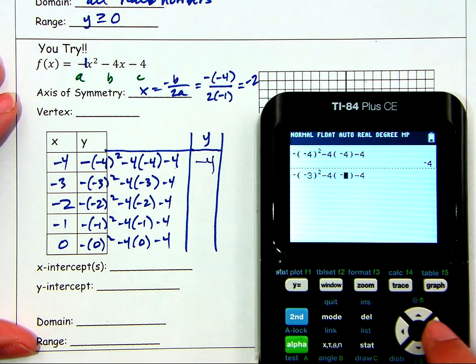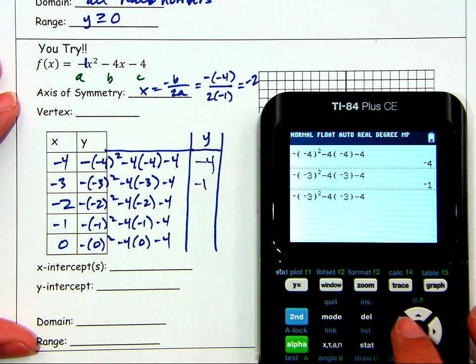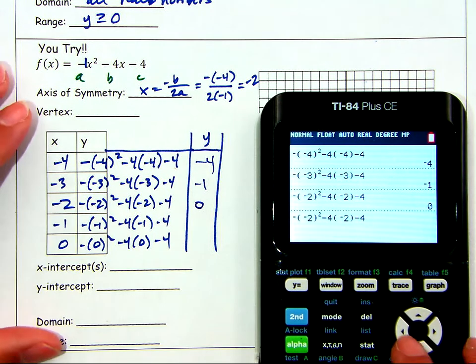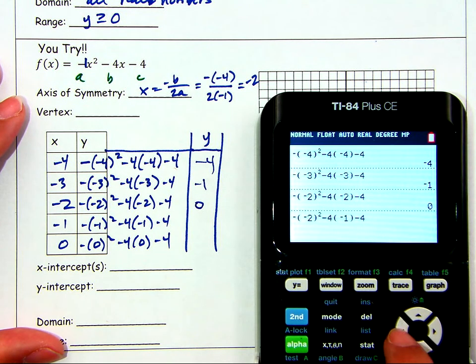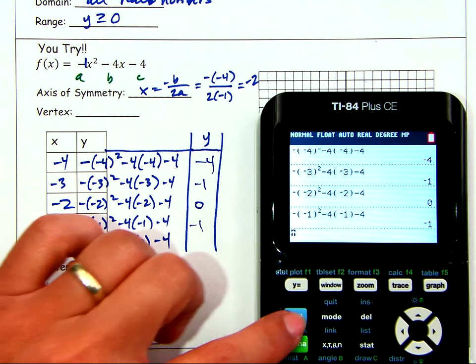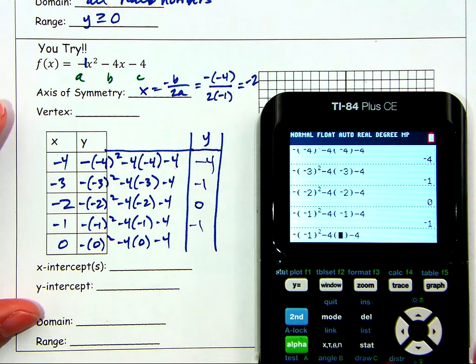That gives us an output of negative 1. Then we'll change those inputs to negative 2's, and that produces an output of 0. Then I'll change it to a negative 1. Get negative 1, and then finally we'll change it to 0, and we get negative 4.